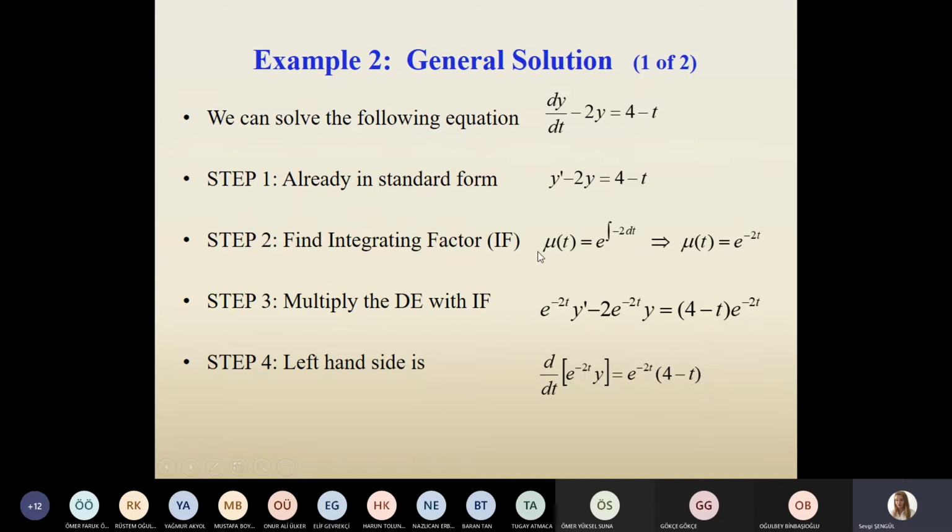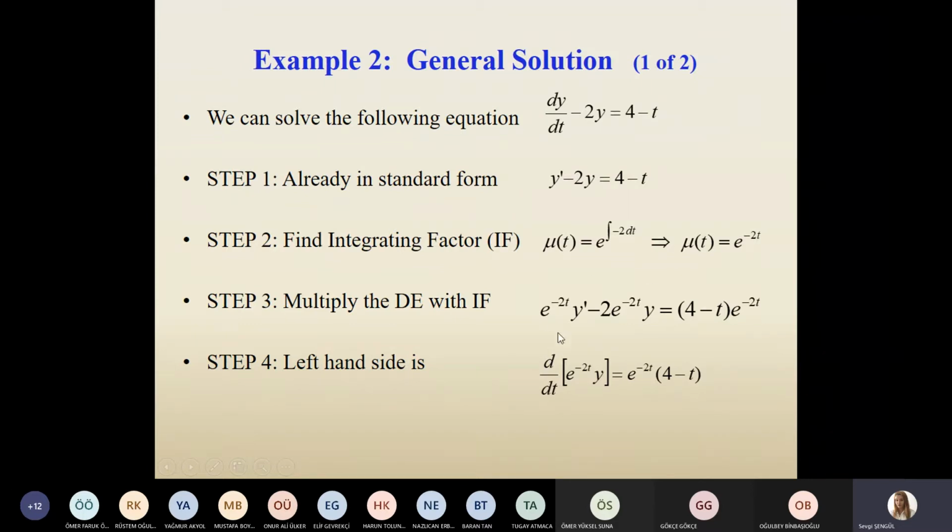Now as a second step, the integrating factor: e to the integral of p of t dt, minus 2 dt. The integral of minus 2 is minus 2t. I will multiply this mu of t by the equation term by term: e to the minus 2t y prime minus 2 e to the minus 2t y equals this term times e to the minus 2t.